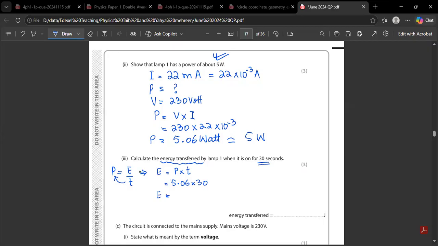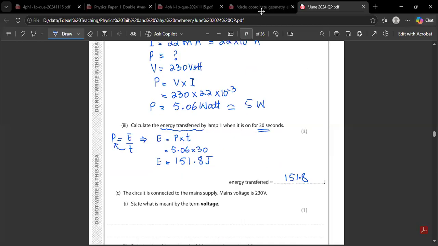What are we getting? 151.8. 151.8 joules, right? 151.8 joules. Clear?